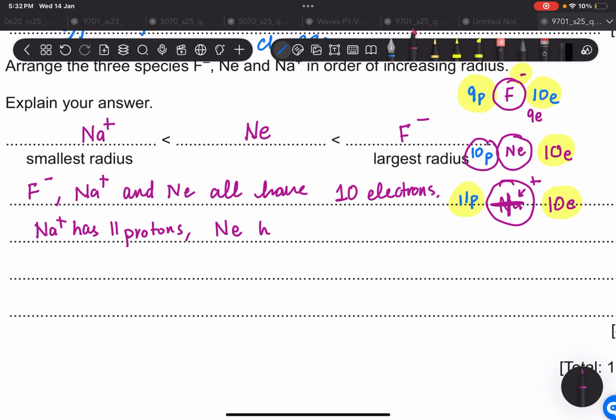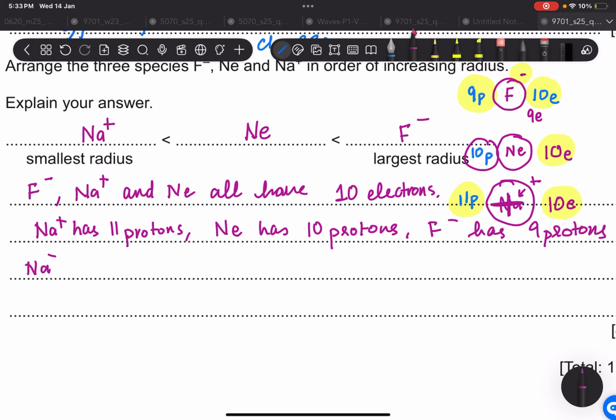Neon has 10 protons. Whatever I understand, I'm gonna write it down. And F negative has 9 protons. I jotted down the proton number and the electron number, and I'm gonna explain.